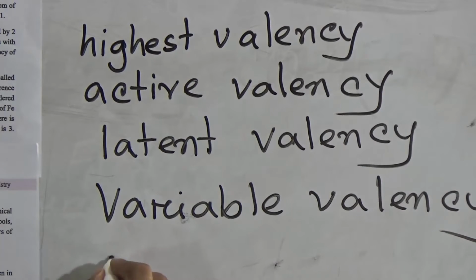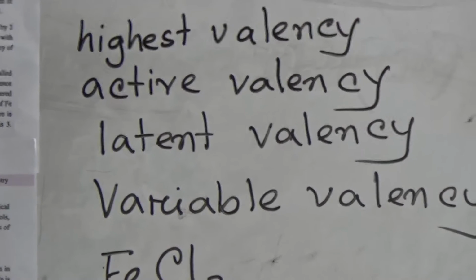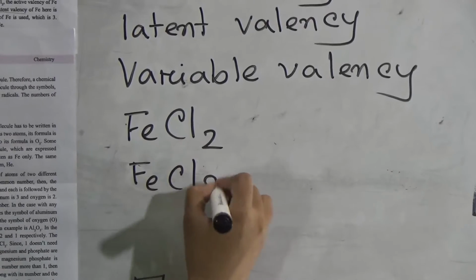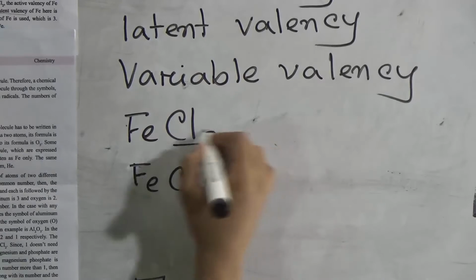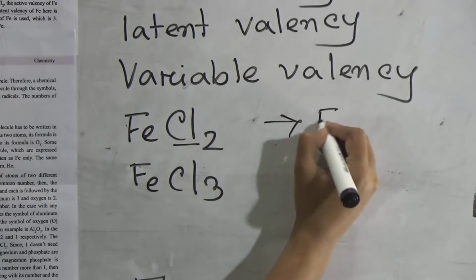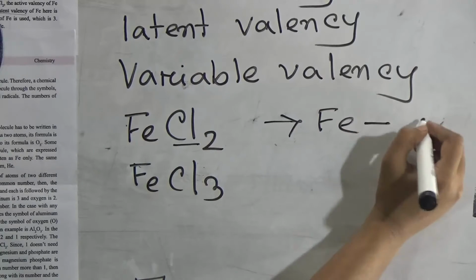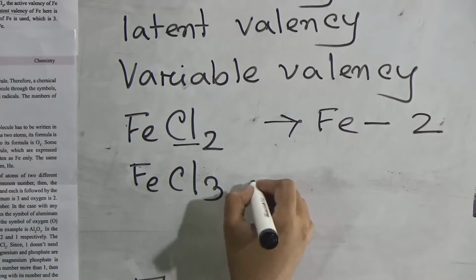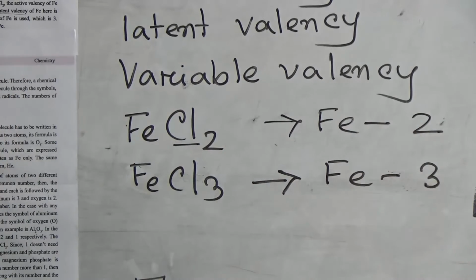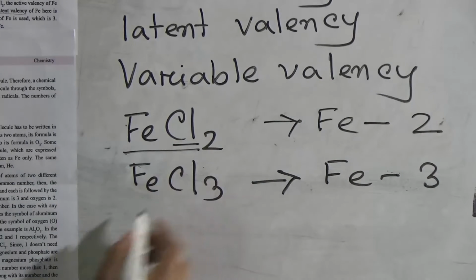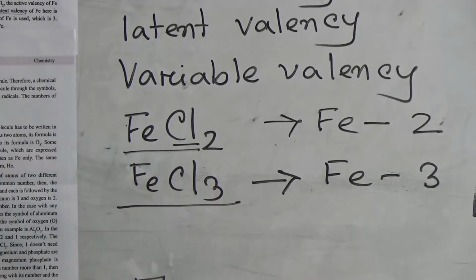If we think about ferrous chloride and ferric chloride, here the iron's valency is 2 and here the iron's valency is 3, and that's why this one is named ferrous chloride and this one is named ferric chloride.